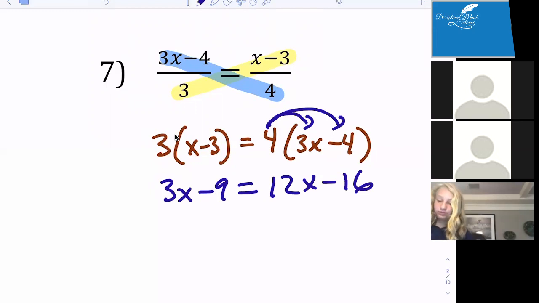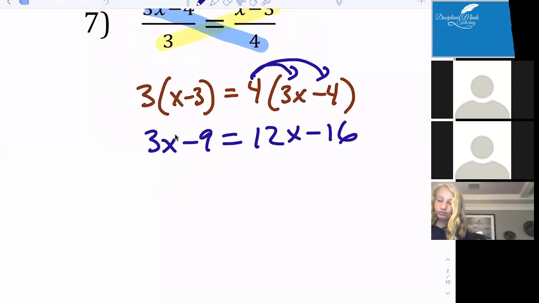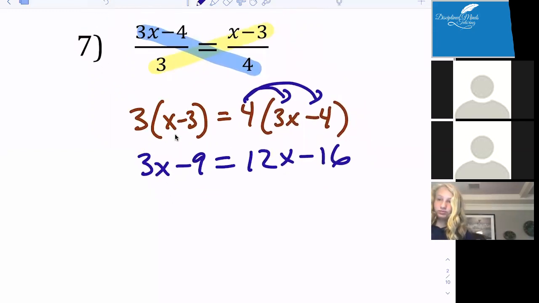So I understand that rule. I'm confused though with the cross multiplying. You're multiplying 3, this number, times this.